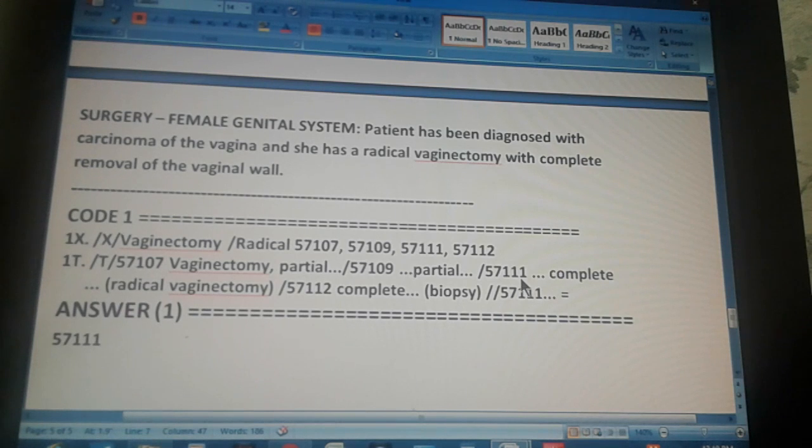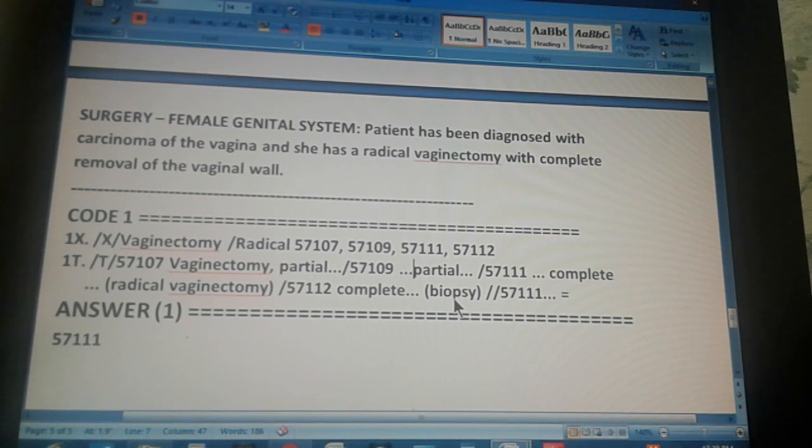The next one. 57111. And now, there's the word complete. Okay, we're good. And then there's also, in parentheses, something that says? Radical vaginectomy. This is as close as we can get, but maybe let's just check the next one. Maybe it's even closer. I don't know. So the next one is 57112. It's complete, but it has to have a?